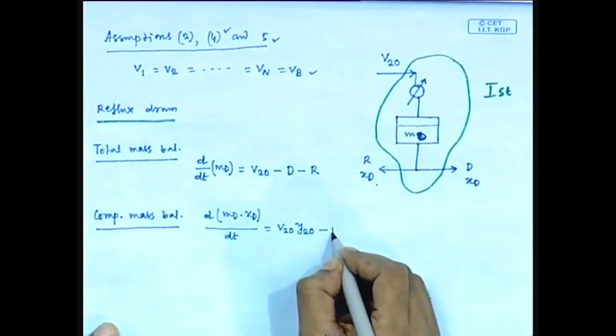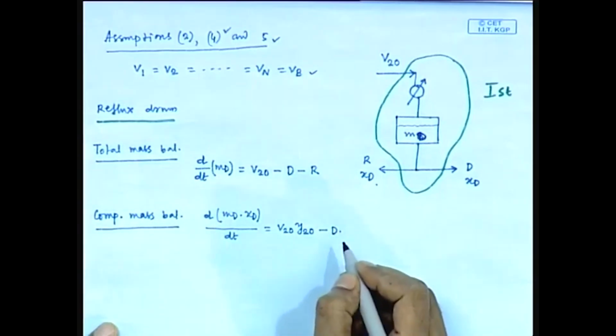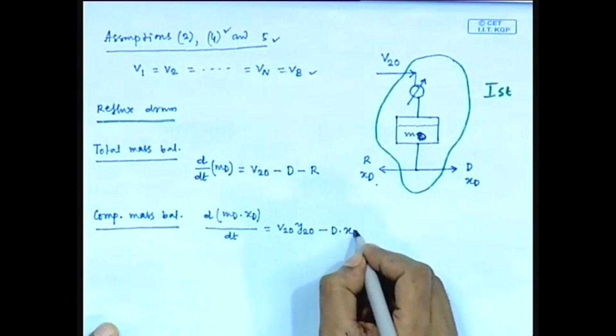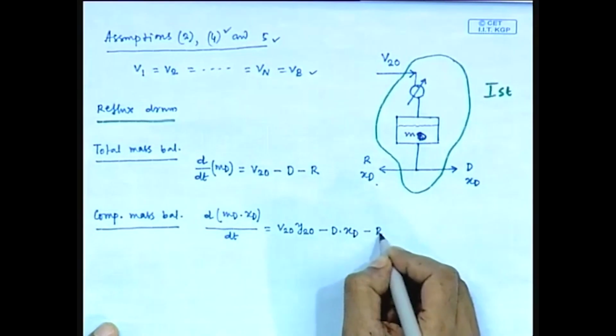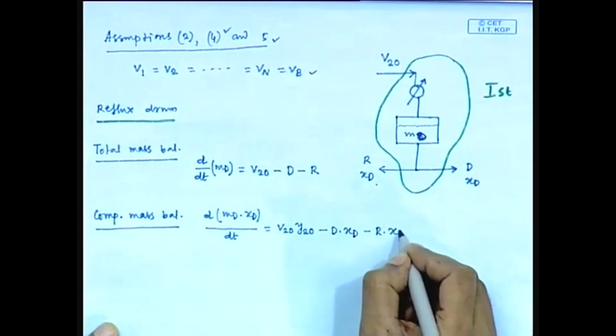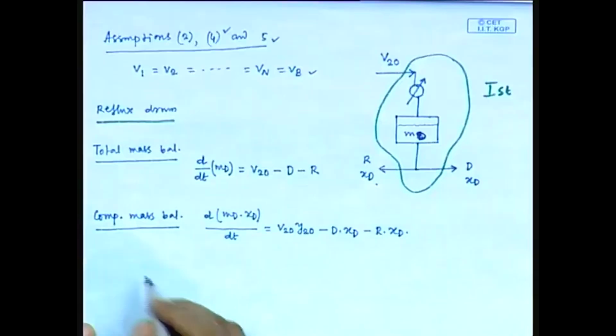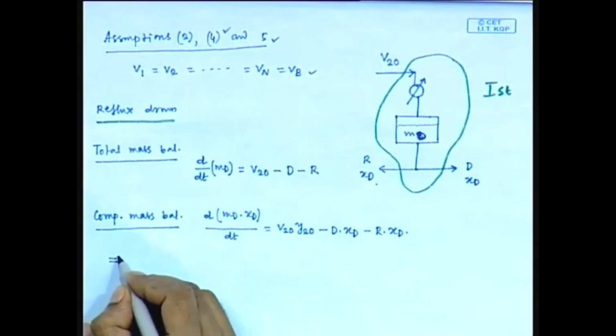Now, D multiplied by the composition. What is the composition of the distillate? XD. Similarly, R multiplied by XD, the composition of the reflux stream is XD. So, this is the component mole balance equation or component mass balance equation. Now, we wish to simplify this equation.